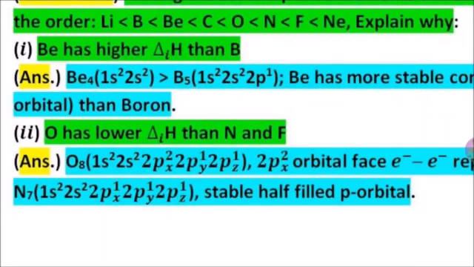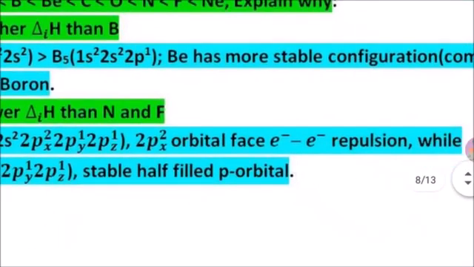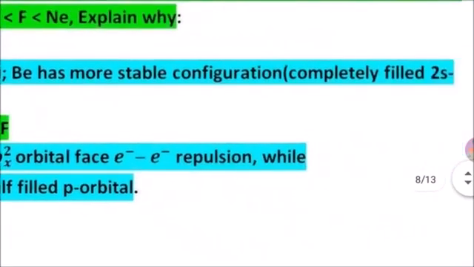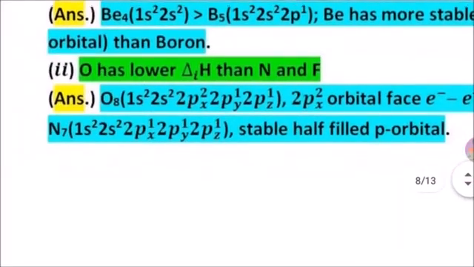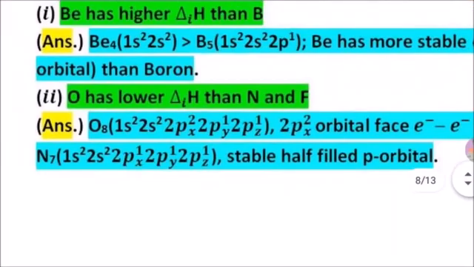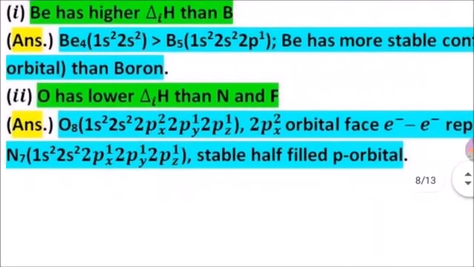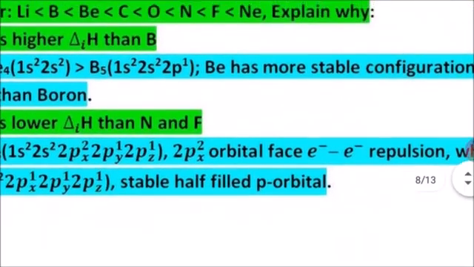Next one, oxygen has lower delta IH than nitrogen and fluorine. The configuration of oxygen is 1s2 2s2 2px2 2py1 and 2pz1. So the 2px2 orbital faces electron repulsion, while nitrogen, 1s2 2s2 2px1 2py1 2pz1, has a stable half-filled p orbital.